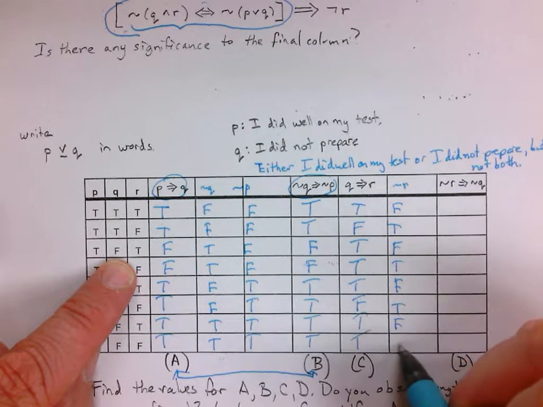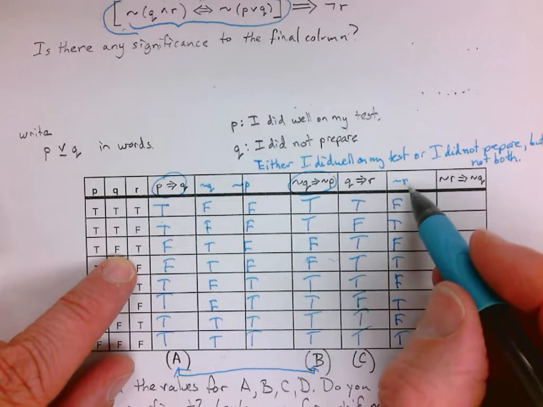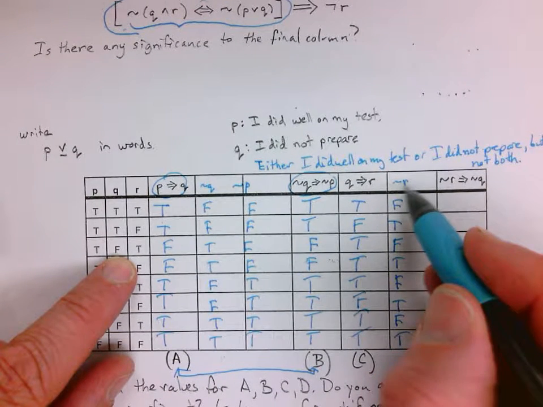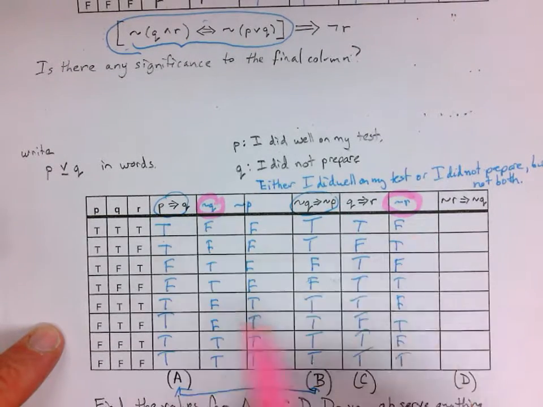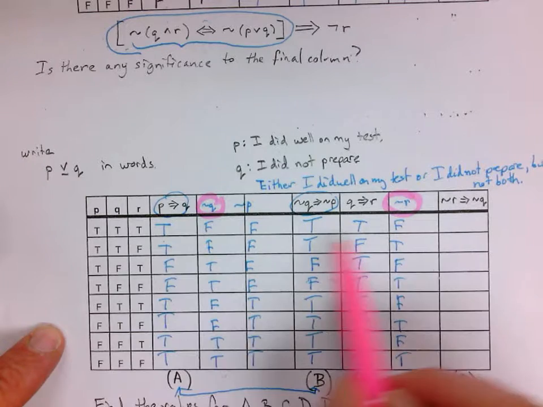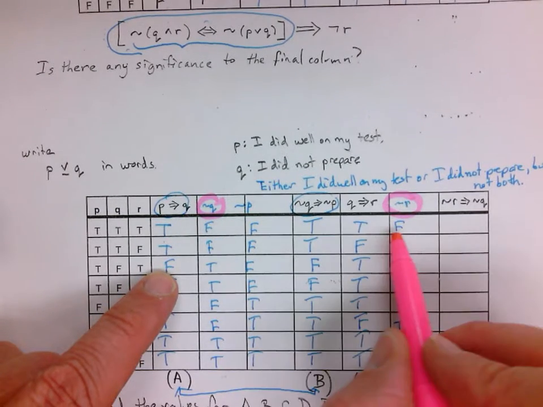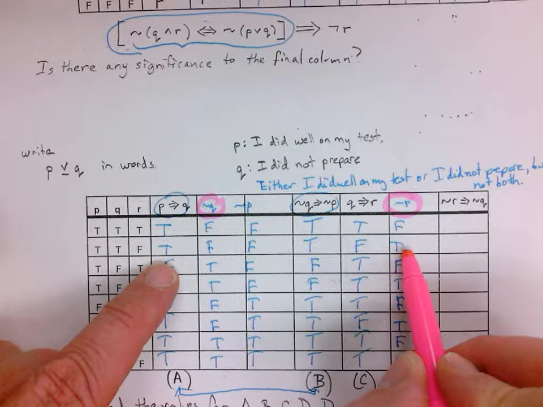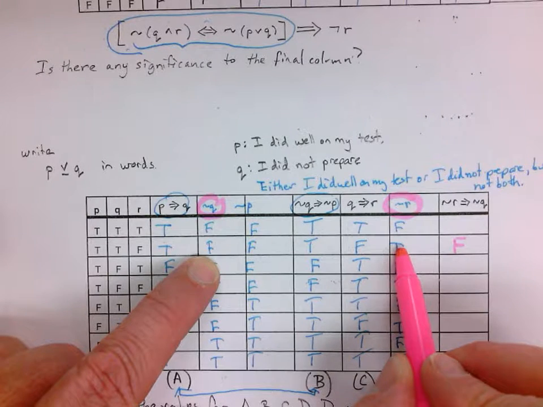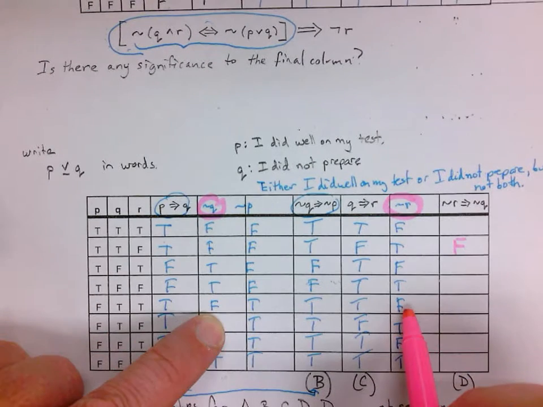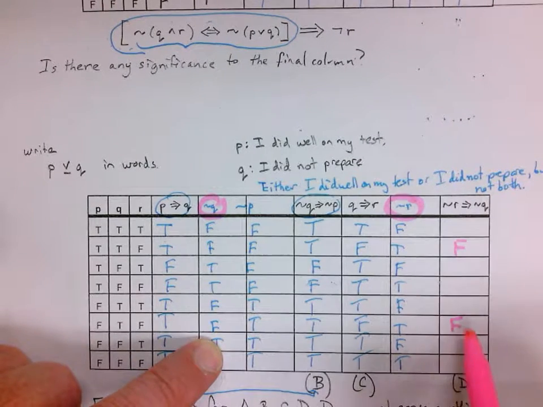So I'm going to do not R. So if not R, then not Q. So I'm looking all the way back here at this column, so I'm really going that direction. So again, I'm looking for true followed by false. So there's one. There's one. That's it. So everything else is true.